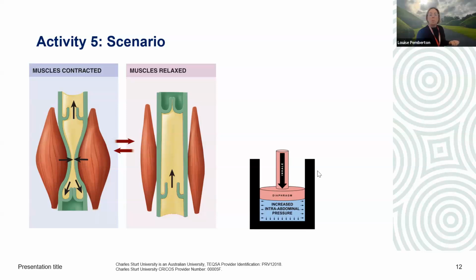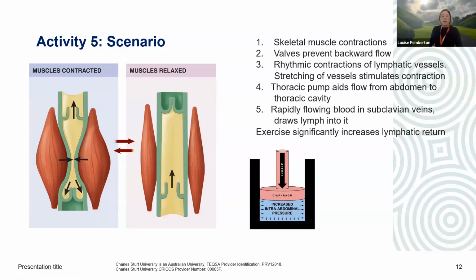But what we're concerned about here is this all helps with lymph movement. So, oh, we missed one. Smooth muscle in the lymphatic vessels as well can relax and contract to push the lymph along.